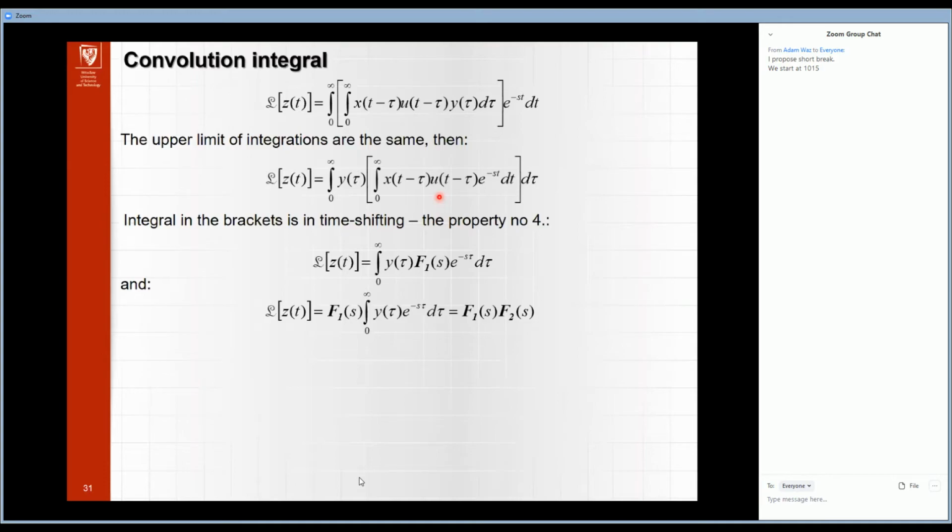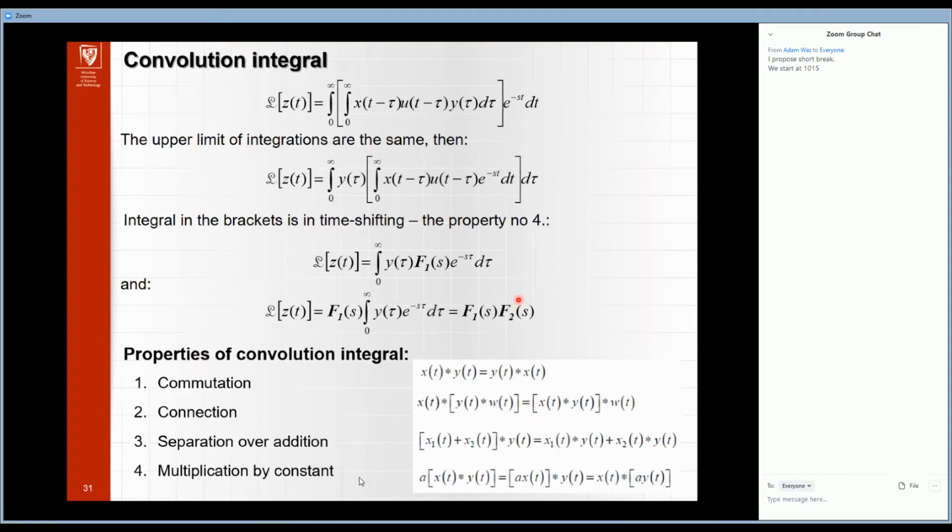When we use property number 4, connected with time shifting, we obtain f1 with this factor, and here we have the first function and here the second function. As a result, we obtain the multiplication in the S domain. And we have some properties of convolution integrals like commutativity, associativity, distribution over addition, and multiplication by constants.